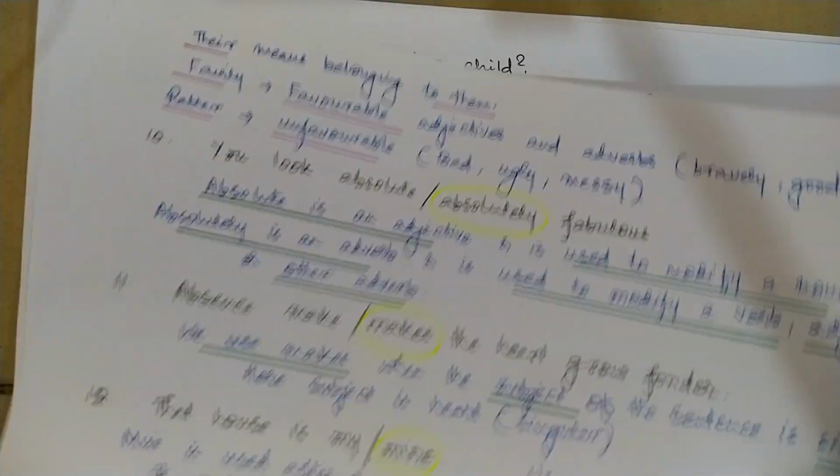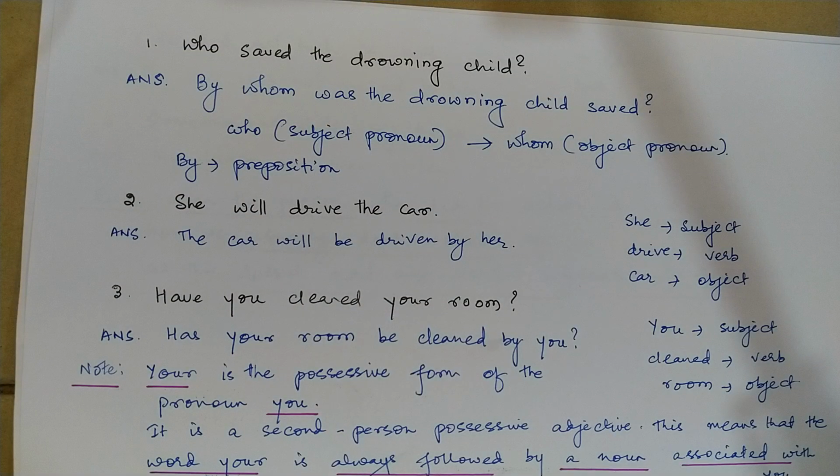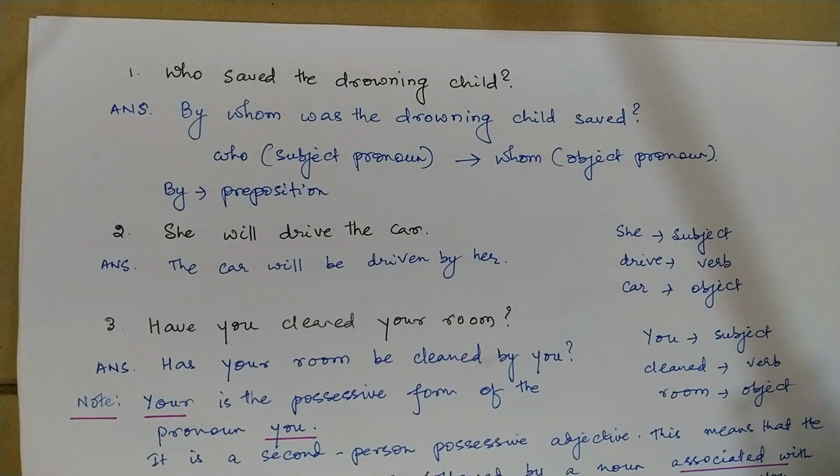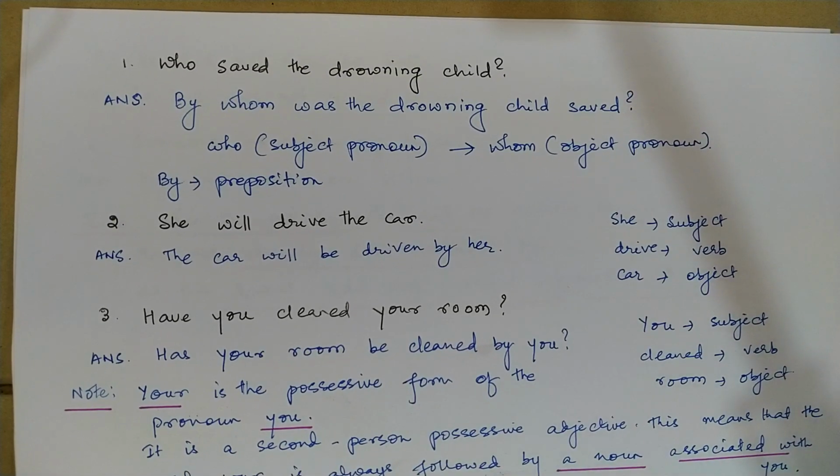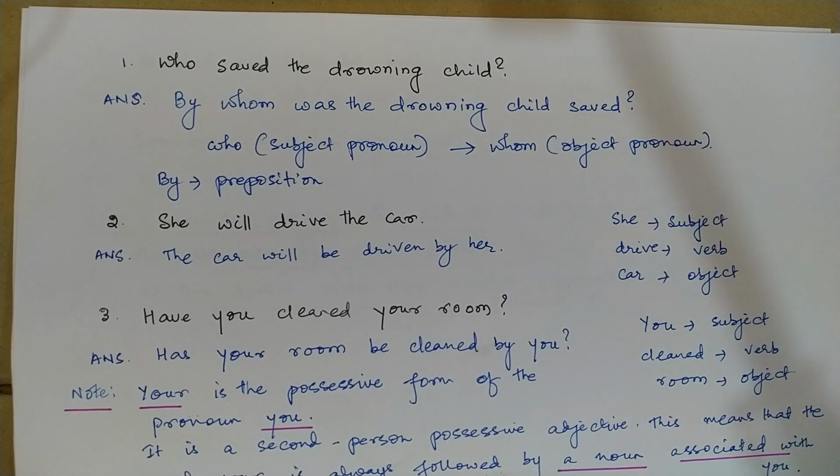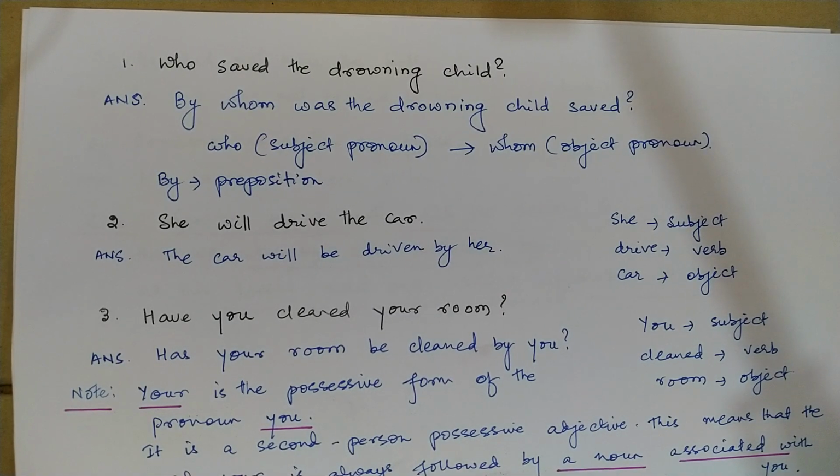Next, first, who saved the drowning child? Answer will be by whom was the drowning child saved. Now how do we approach passive and active voice sentences?